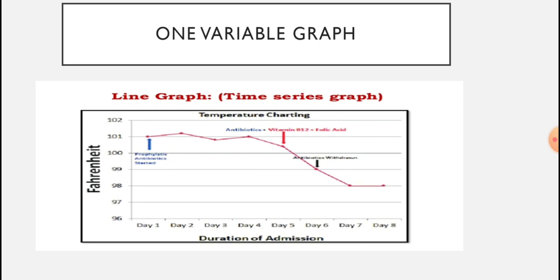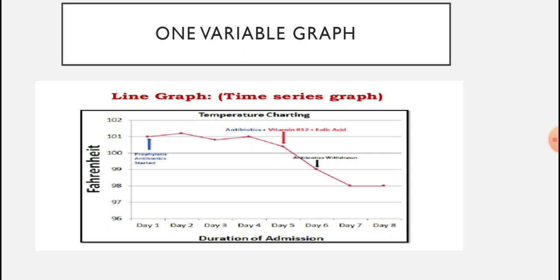In the second quadrant x negative, y positive. In the third quadrant x and y both negative, and in the fourth quadrant x positive, y negative. So dear students, keep in your mind the graph may vary in any quadrant according to the given values of x-axis and y-axis, that is ordinate and abscissa.